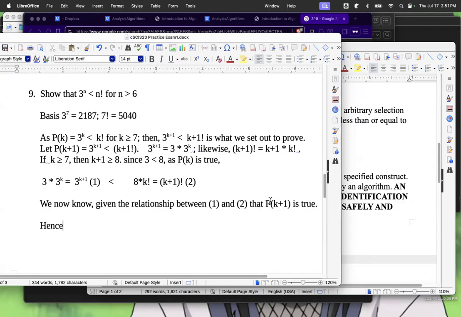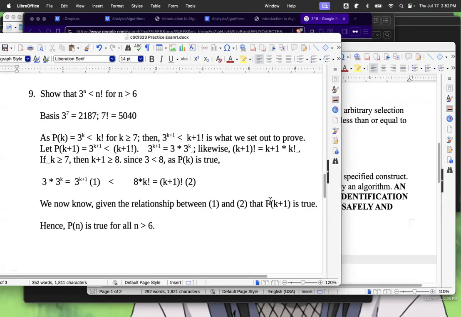Hence, P of N is true for all N greater than, and I believe the answer was 6, for all N greater than 6. And that concludes the proof.